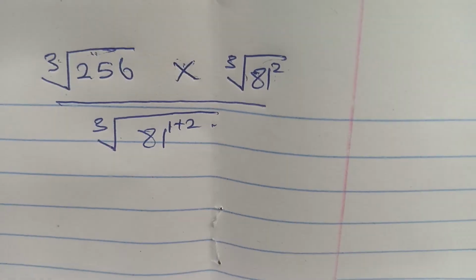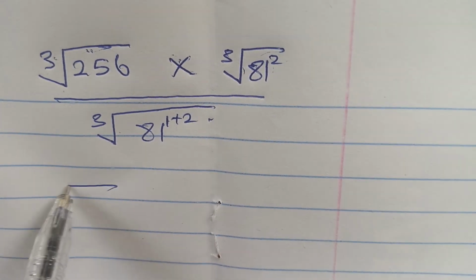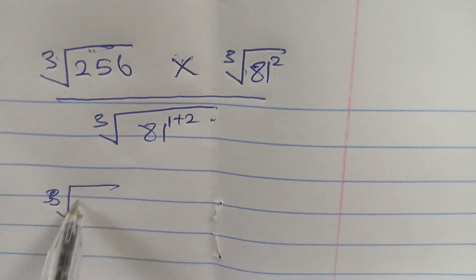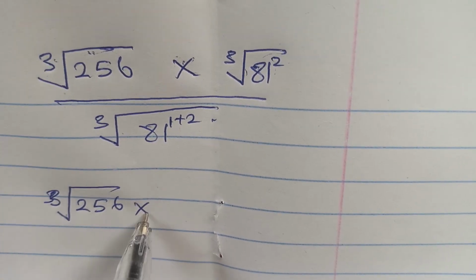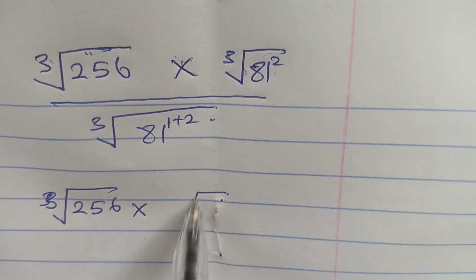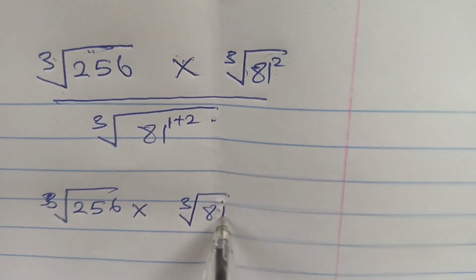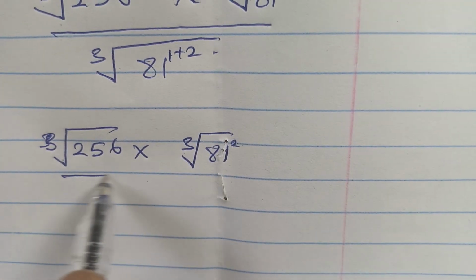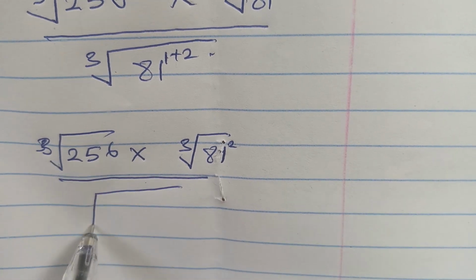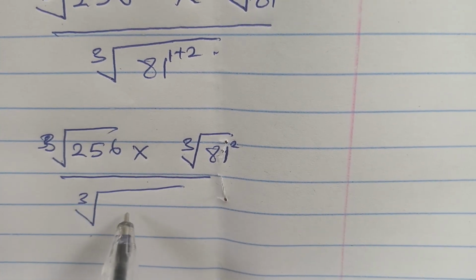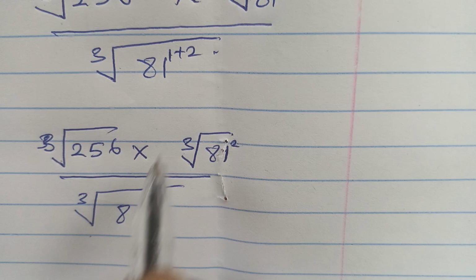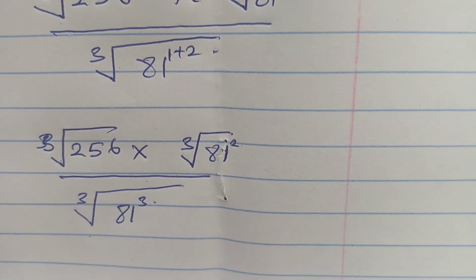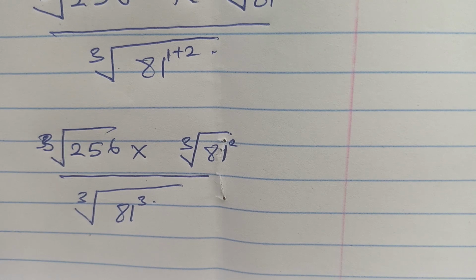We are going to have the cube root of 256 times the cube root of 81 squared, divided by the cube root of 81 to the power of... 1 plus 2 is going to give us what? 3. So this is what we now have.